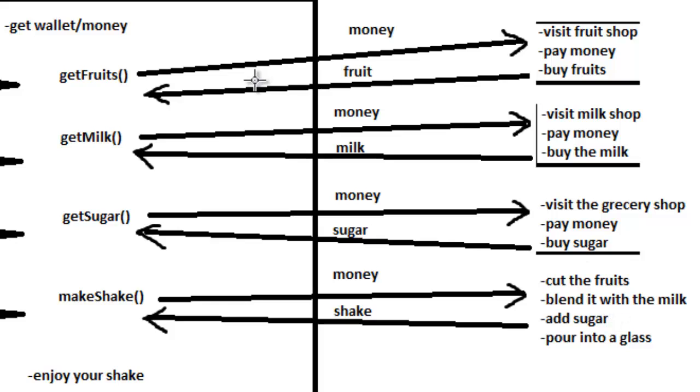Now we are giving something here and we are getting something back from the function. So these two things are called parameter and return type. So what we are providing to the function, we have two names for it. One is called parameter and one is called argument.